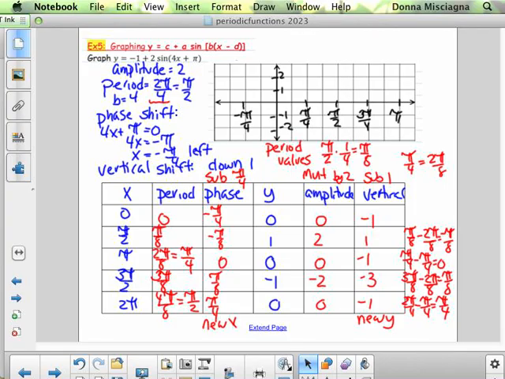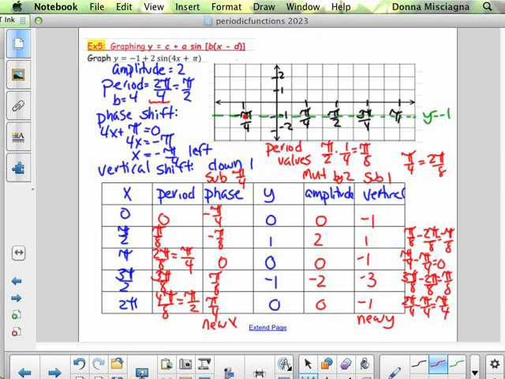And then we'll go ahead and graph our points. So we're going to graph negative pi fourths. Don't forget the midline. All right, we're shifted down 1. The midline is at y equals negative 1. So we have negative pi fourths and negative 1. So sine starts on the midline.